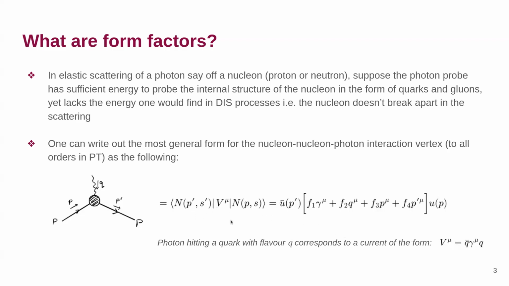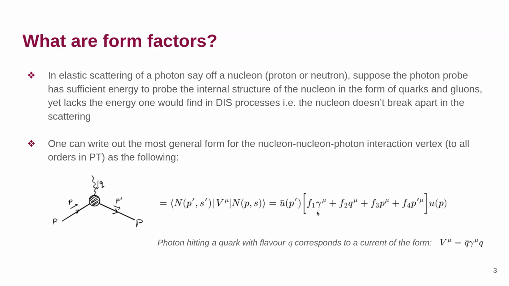So we have this matrix element on the left here, and we know that it should transform as a vector. So we could think about firstly writing down the spinors corresponding to that proton having final and initial momentum p primed and p, and then between those we can write down all possible structures which transform as Lorentz 4-vectors.